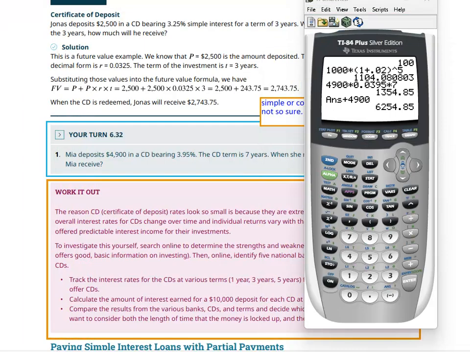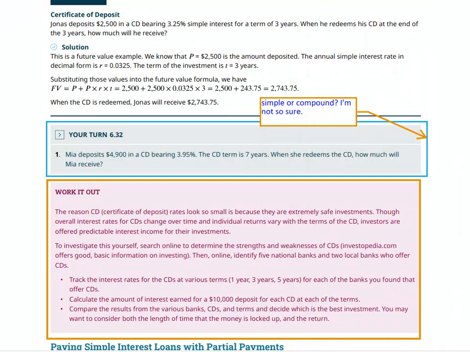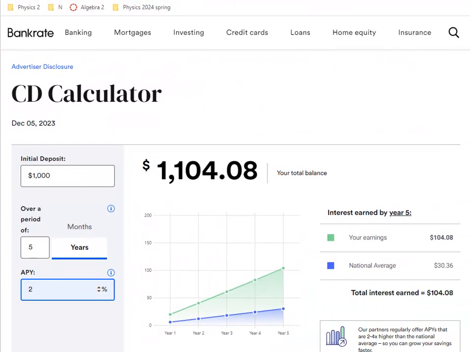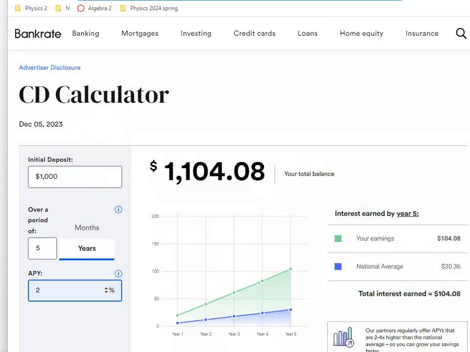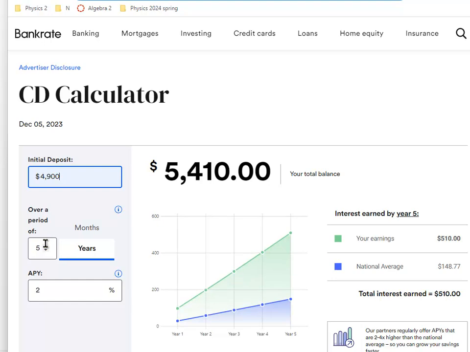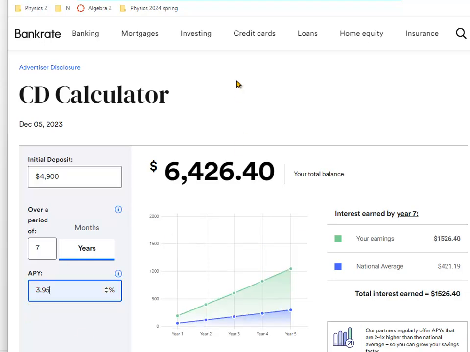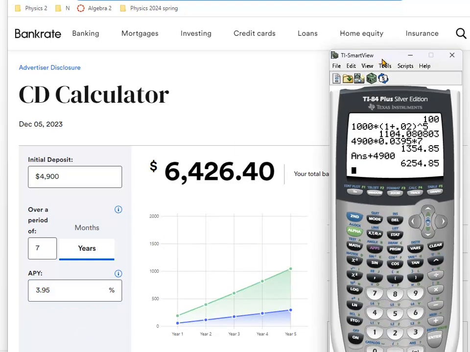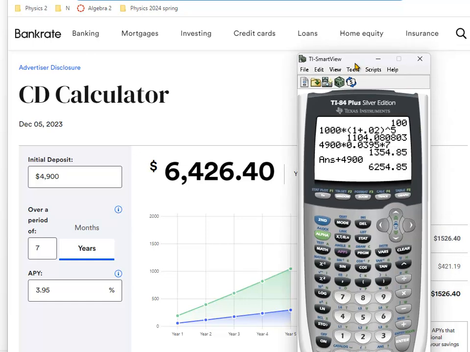So this one says it's simple, but again, if I go to this one here, the CD calculator, in this case, where it also says APY, oh, there's always these pop-ups here. So I put 4,900 there, and it's at 7 years. There we go. 3.95, there we go, which is more, actually, almost $200 more, right? $170 more than the simple interest.